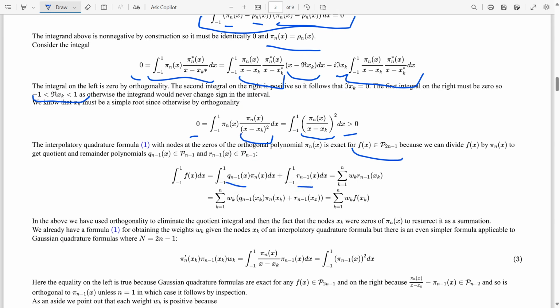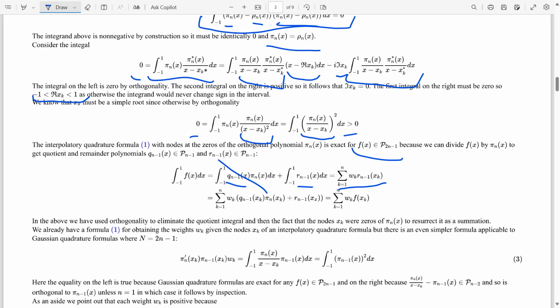Then, in the integral of f of x dx from minus 1 to 1, the quotient polynomial part is just 0 by orthogonality, and we know that since it's Gaussian, that implies that it's interpolatory, so we have a unique set of weights that makes it exact for polynomials of degree at most n minus 1.